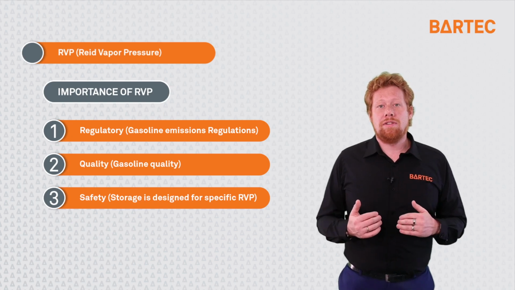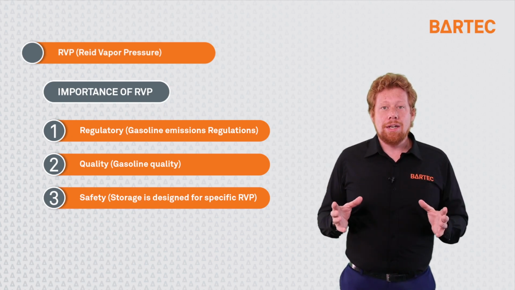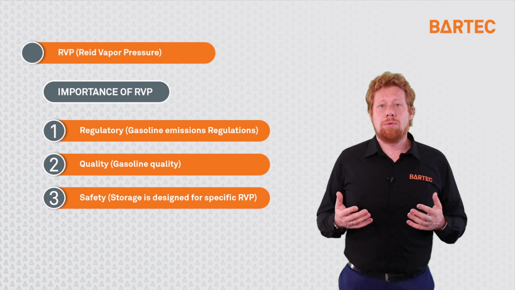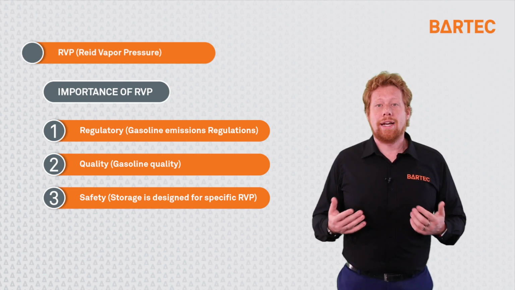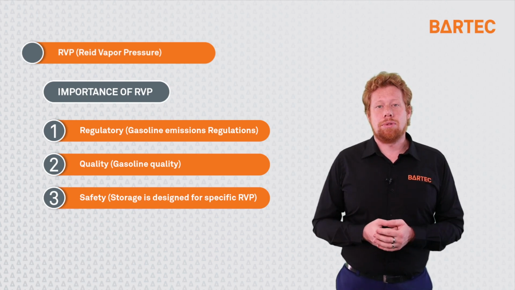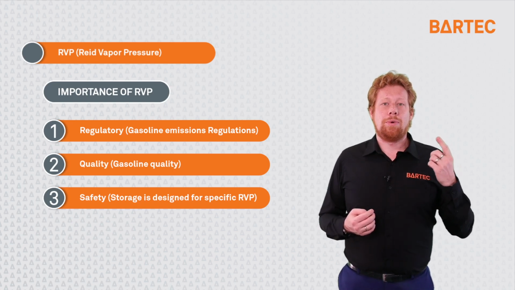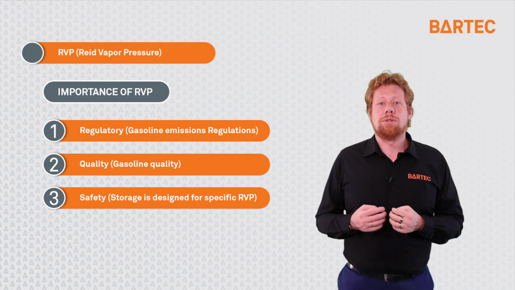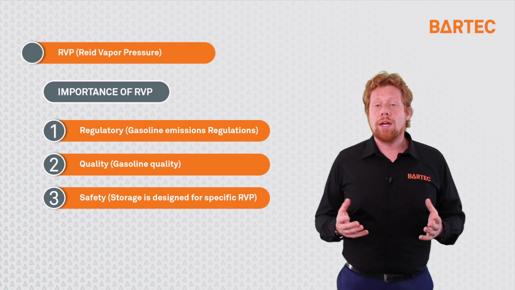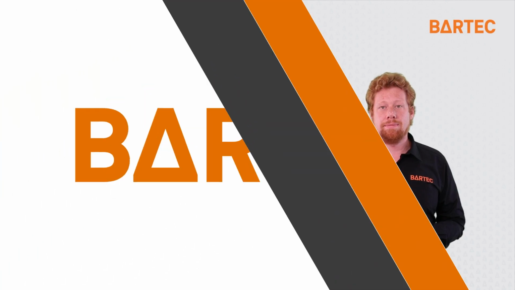And by knowing the RVP, the containers can be designed to handle the required pressure so that we avoid explosions or leaks and bursts. So quality control, regulatory control, and safety. Those are the three reasons why RVP is so commonly measured.